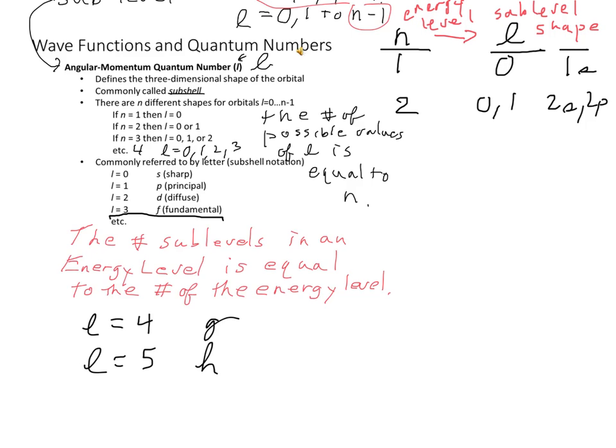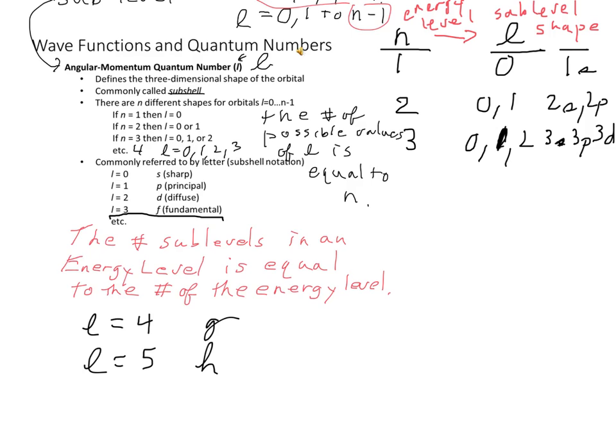If we have a principal quantum number of 3, then we'd have an angular momentum quantum number of 0, 1, and 2. So we would have a 3s, a 3p, and a 3d. Notice how we call the first sublevel of any of our energy levels S. We call the second sublevel of any of our energy levels P, and the third D.